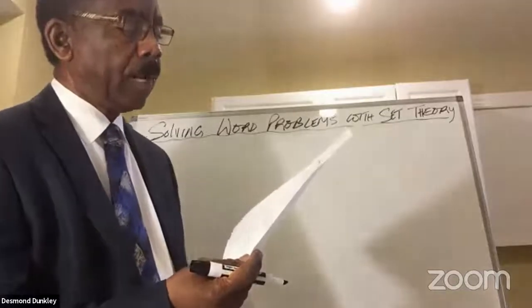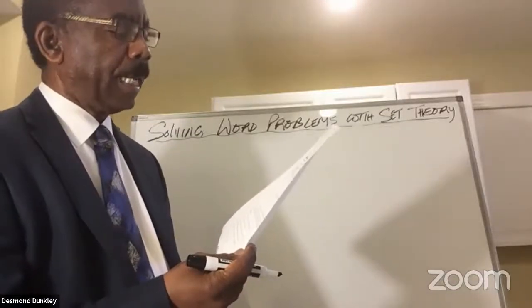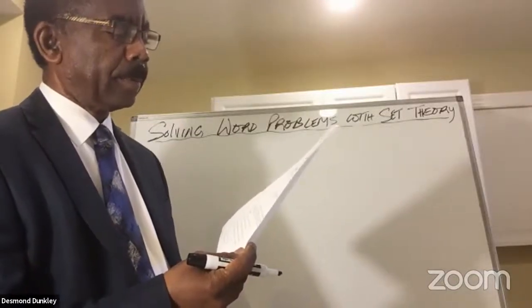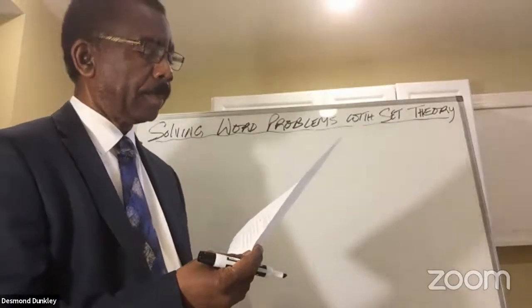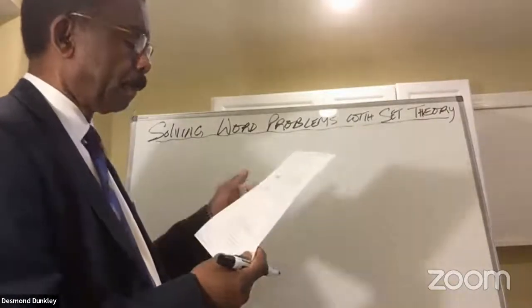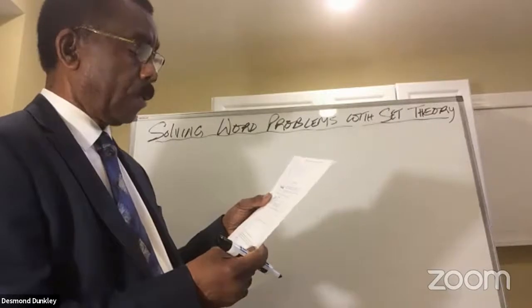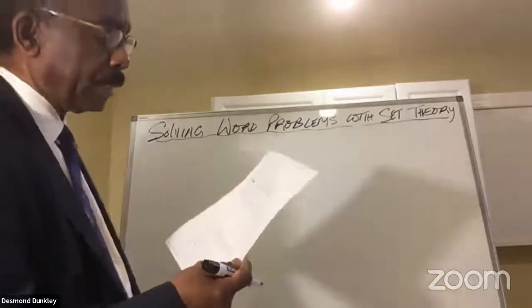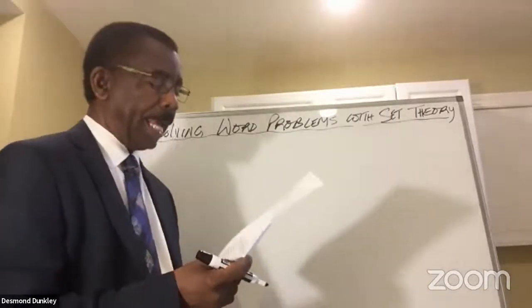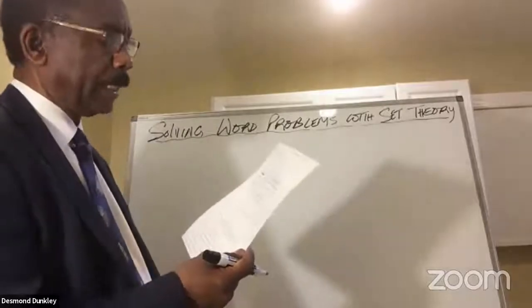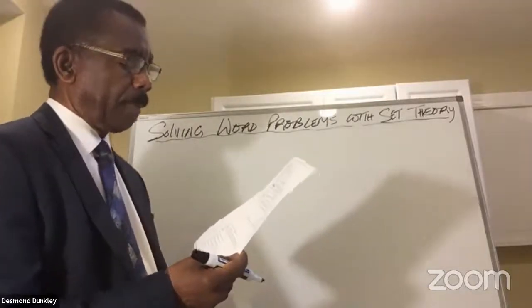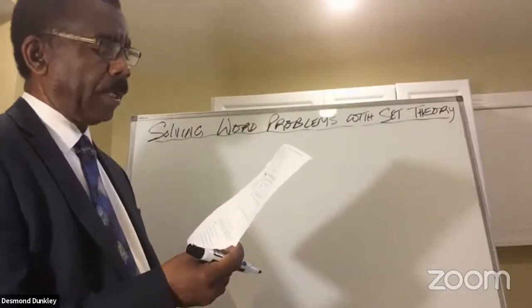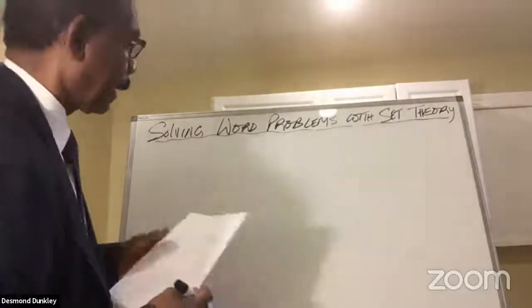Find the number of students who are either in art class or in dance class. Okay, let's go one more time. There are 35 students in art class and 57 students in dance class. Find the number of students who are either in art class or in dance class.